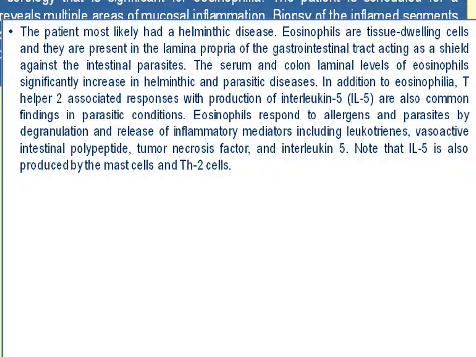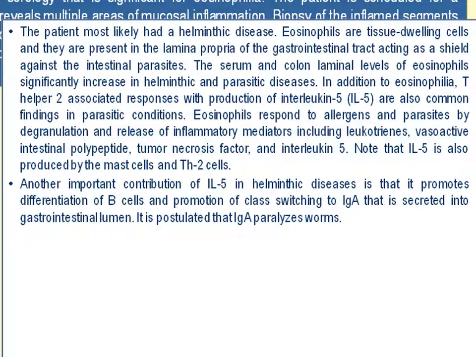In addition to eosinophilia, T helper 2 associated responses with production of interleukin 5 are also common findings in parasitic conditions. Eosinophils respond to allergens and parasites by degranulation and release inflammatory mediators, including leukotrienes, vasoactive intestinal peptides, tumor necrosis factor, and interleukin 5. Note that interleukin 5 is also produced by mast cells and T helper 2 cells.